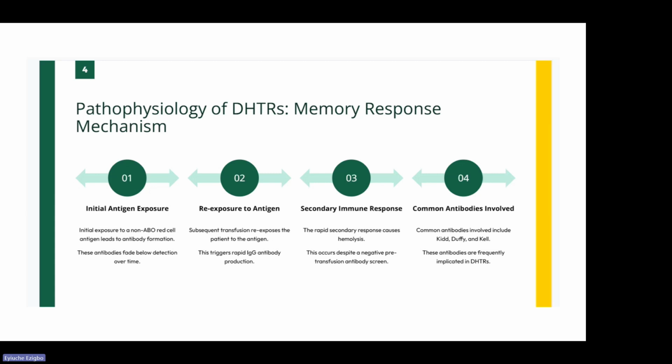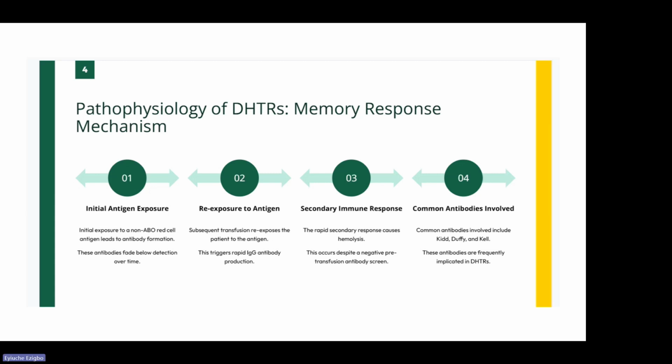Hemolysis occurs. This occurs despite a negative pre-transfusion antibody screen, because why? Those antibodies from that first exposure tend to fade away, so that any other exposure will now be able to mount an equal immune response.